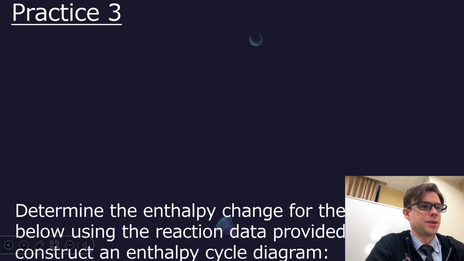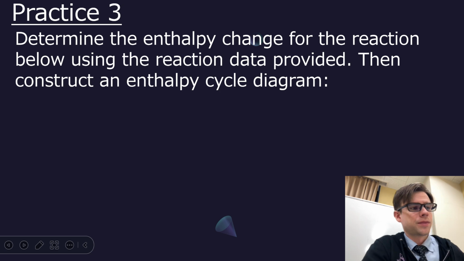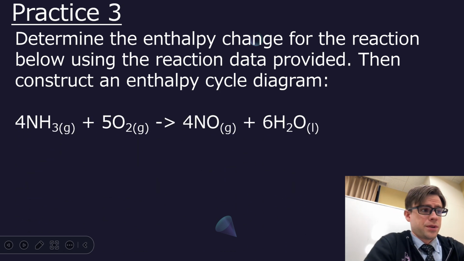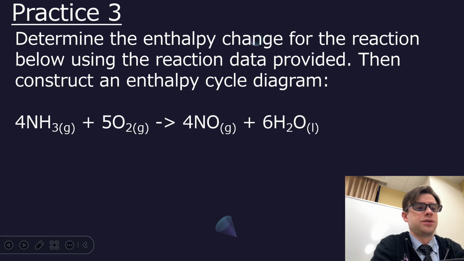Yes, so determine the enthalpy change for the reaction below using the reaction data provided. Then construct an enthalpy cycle diagram. This is a real question from a textbook, Oxford Course Companion. So 4 NH3 gas plus 5 O2 gas goes to 4 NO plus 6 H2O liquid. That's the target.